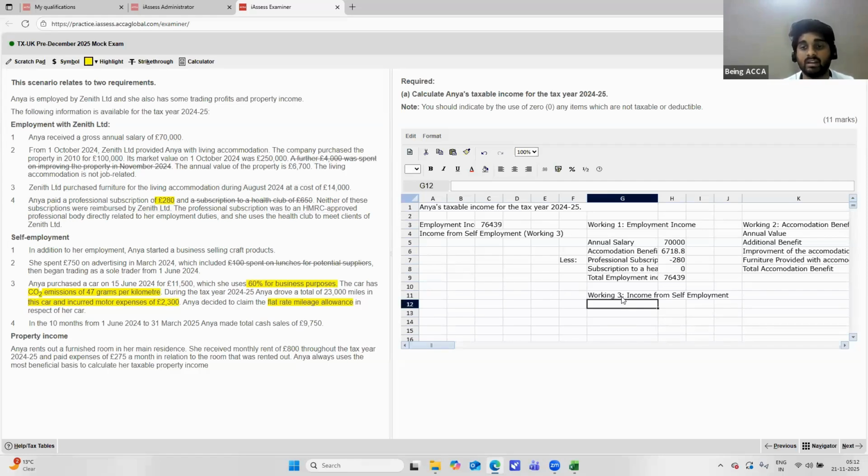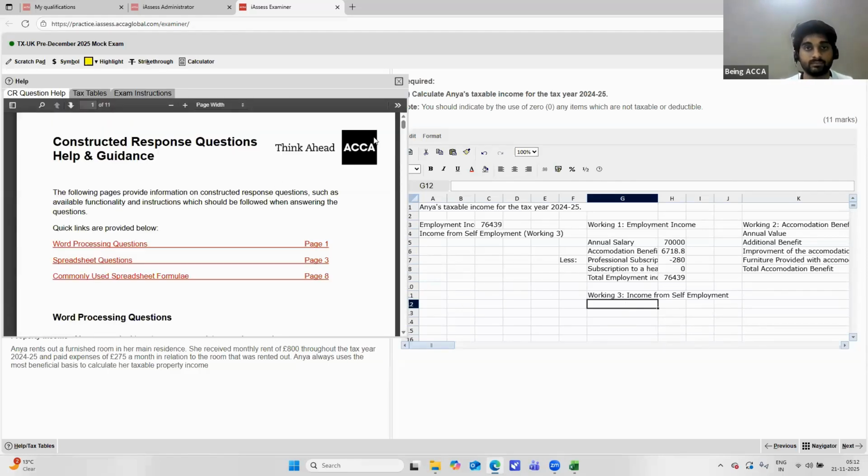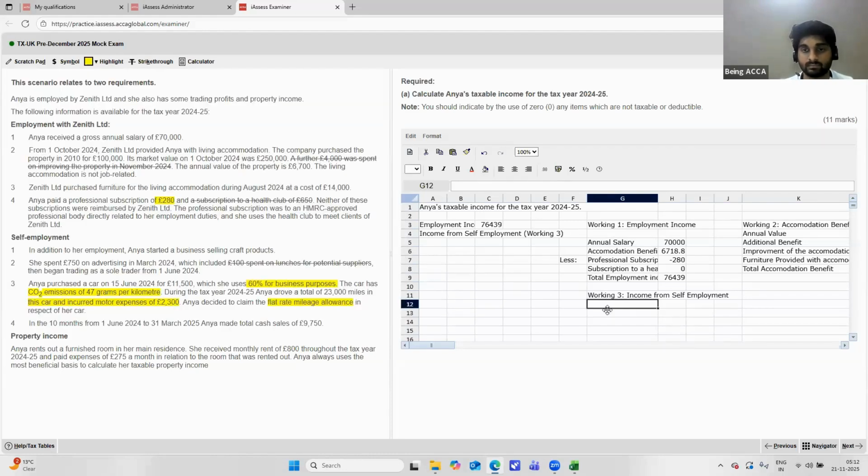We will be calculating it from total cash sales made. Cash sales made during the year. How much are the cash sales made during the year? It is 9,750. So we have taken that value here.